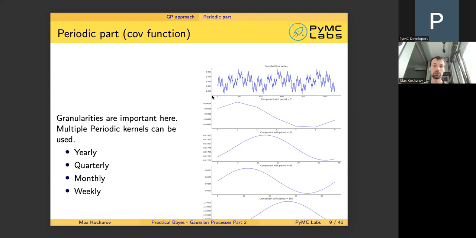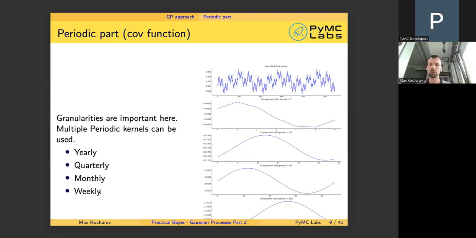If it is the case, then you can for sure add this periodic component into your model and try to measure it. Most commonly used are monthly seasonalities and weekly seasonalities.